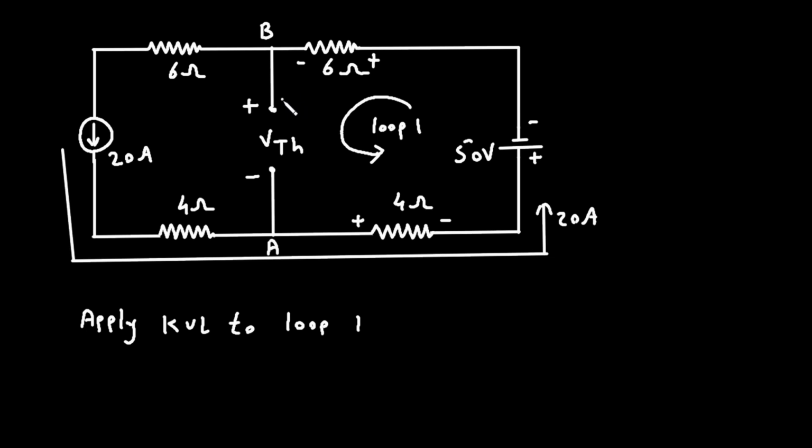Let's say we are starting from this point. So it will be plus VTH, then plus 4 into 20, then plus 50, then plus 6 into 20 is equal to 0.